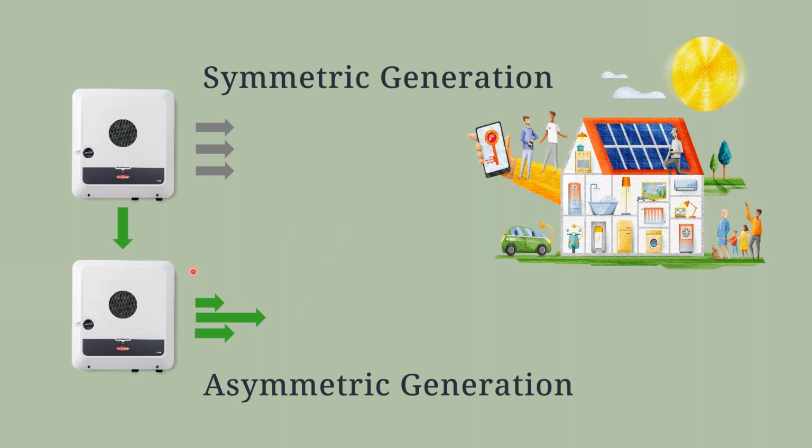Therefore, it might be helpful to have the possibility to generate more on one phase compared to the other two. For example, with a 15 kilowatt inverter, it might be useful to have 5 kilowatt on L2, and then L3 and L2 producing something like 3 or 2 kilowatts, depending on how much consumption is on at that particular moment.